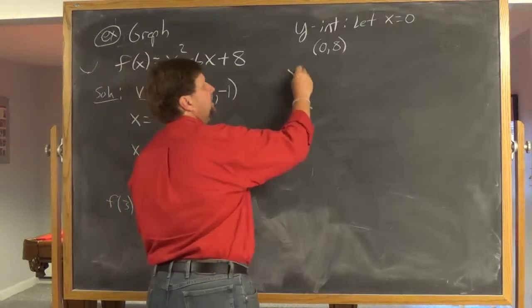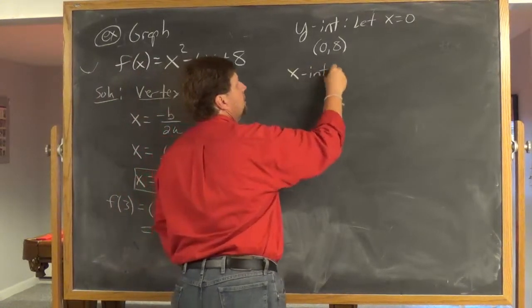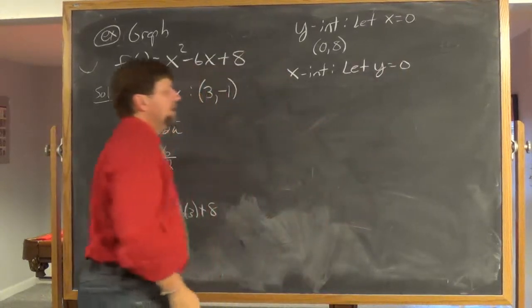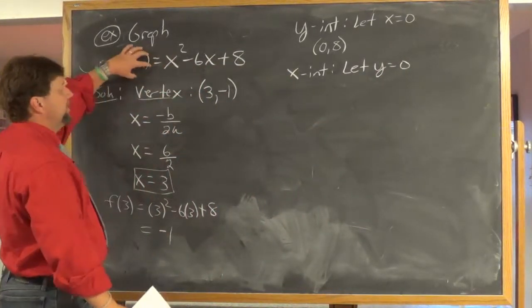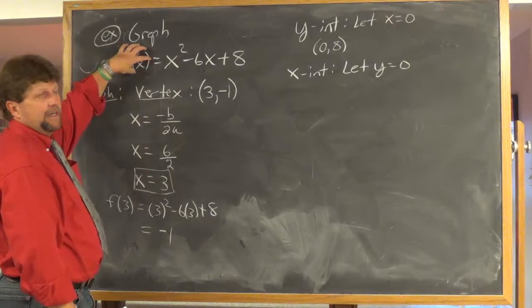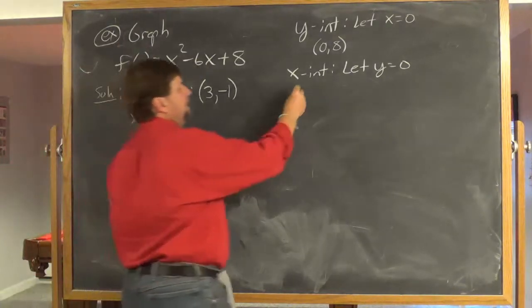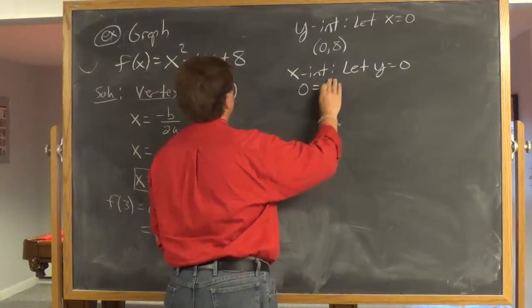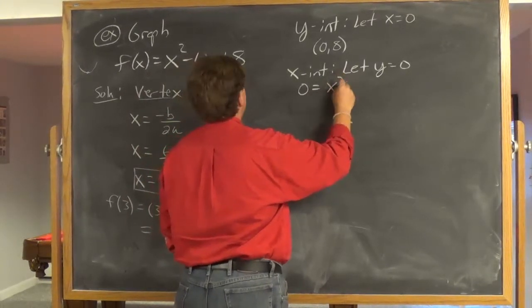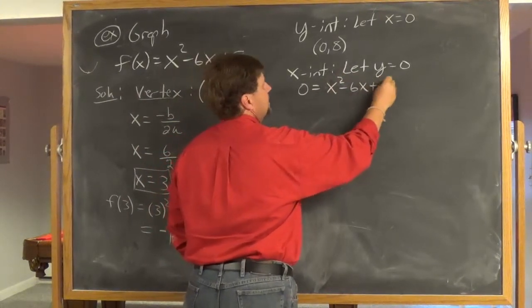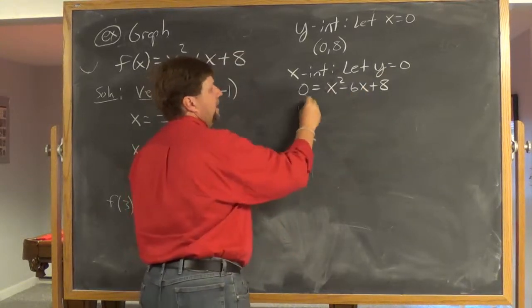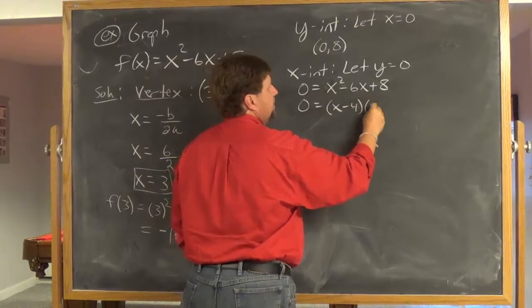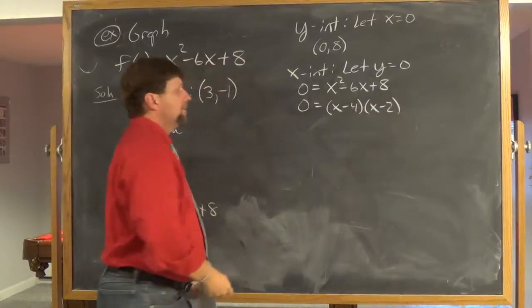To get the x-intercepts, that's where you let y equal 0. So you're going to put 0 in for f of x. Remember, y is f of x. So that gives you this equation to solve. 0 equals x squared minus 6x plus 8. I believe that factors to x minus 4 times x minus 2.